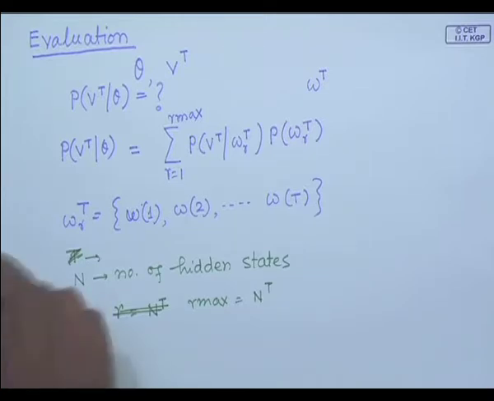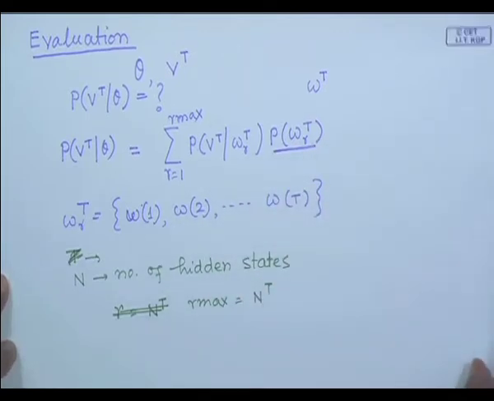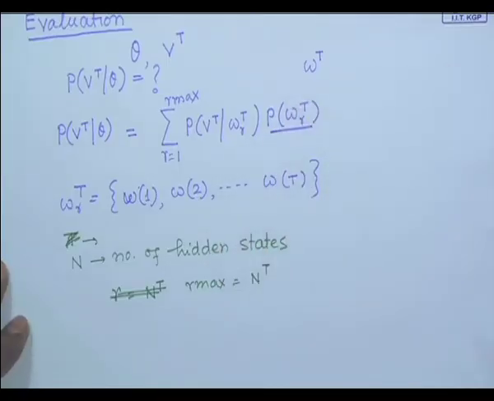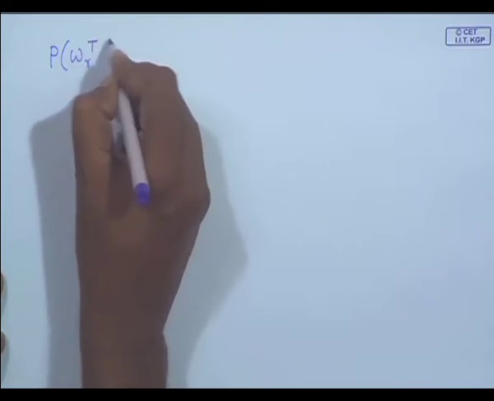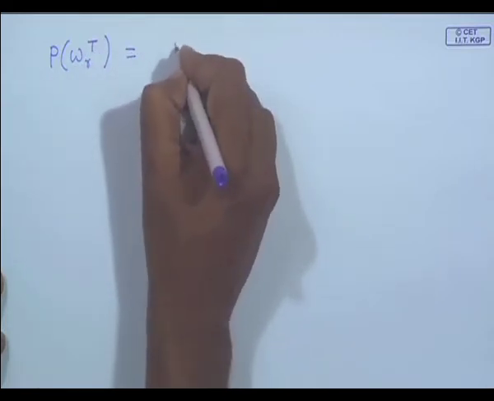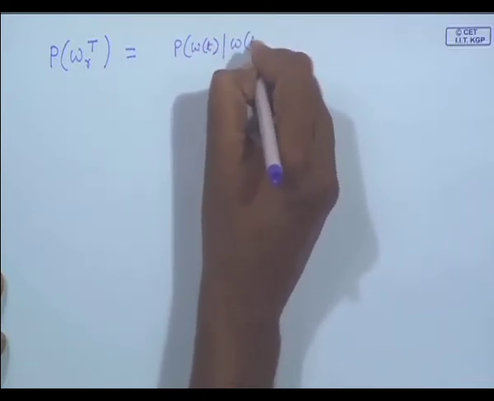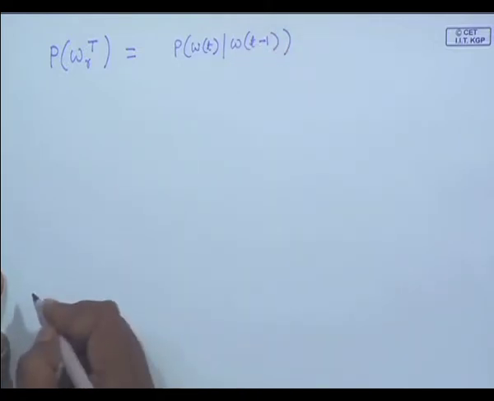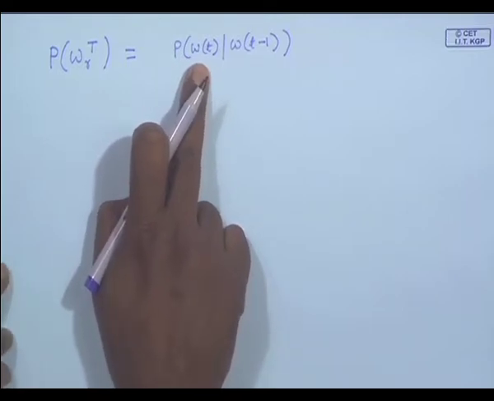And here you can compute this P(omega_r^T), because this is nothing but a sequence of hidden states of length capital T. I can easily estimate that P(omega_r^T) is made of terms P(omega(t) | omega(t-1)).